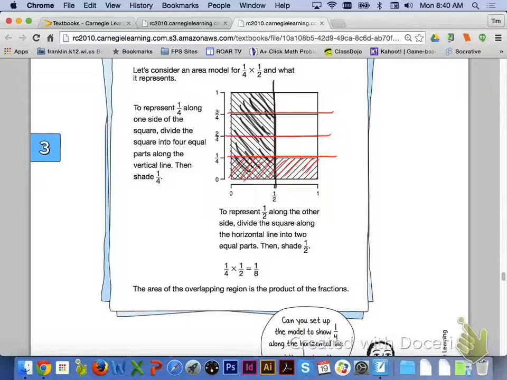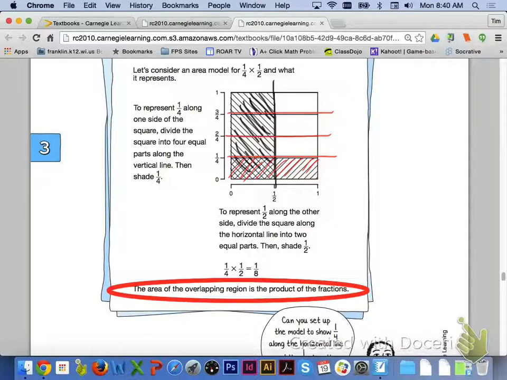So I have 1/4 that is shaded in, and the important part to understand is that the overlapping region is going to end up being the product of the fractions. You can see that the black and the red overlap. That is going to be equal to 1/8, and that's how we can determine our product using the area model.